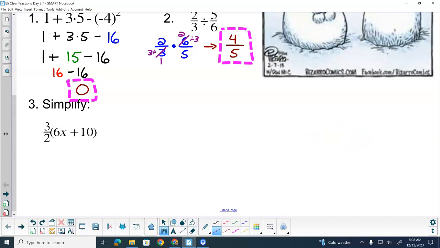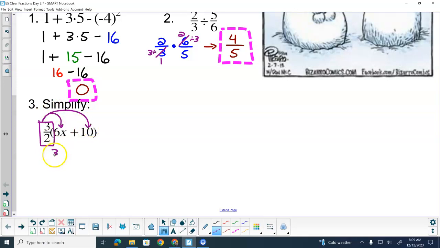What do we do in this one? We distribute. What am I going to distribute? 3 over 2 has to go in there, and it has to go in there.